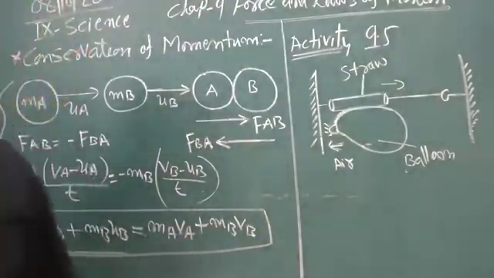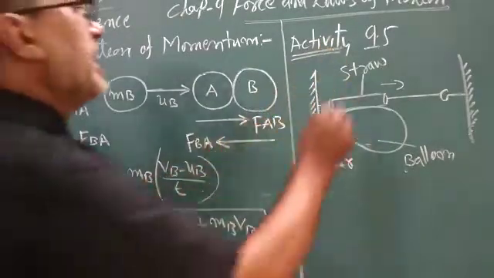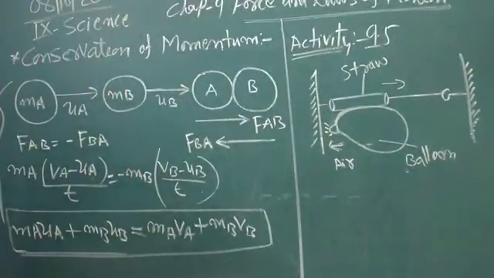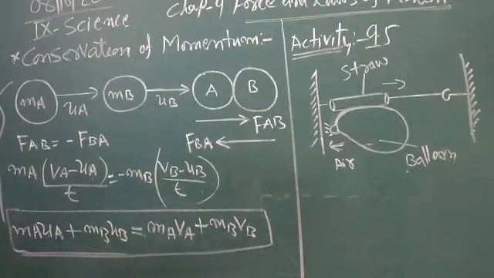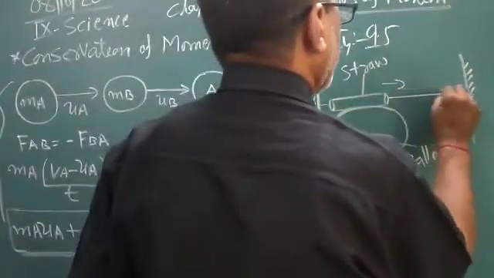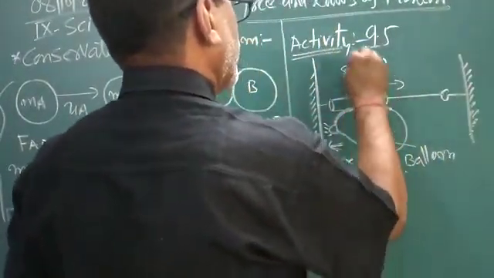Now, second, activities number 9.5 and 9.6, these two activities also. In this activity, suppose you take one big rubber balloon and inflate it fully. As shown in this figure, there is a rigid support, a thread, and a straw.